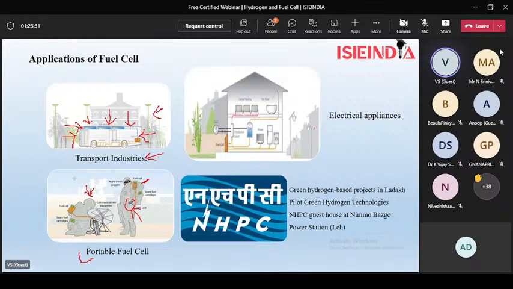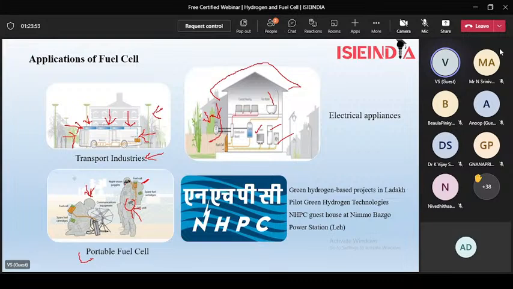Now for electrical appliances, this is a house, and every house is connected to the grid. The grid supplies power to the television, refrigerator, washing machine, geyser, and so on. Many things are connected to the grid at our home.